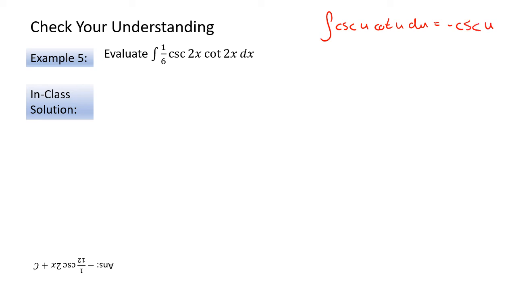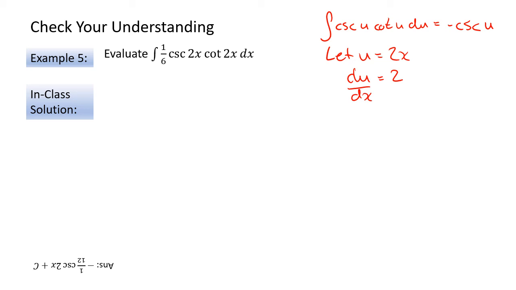We almost have that here, okay? Except our function here isn't just x or something, it's 2x. So we know that we must let u equal the function in each of these trigonometric functions, okay? So I'm going to let u equal 2x. So that means du by dx is just equal to 2.